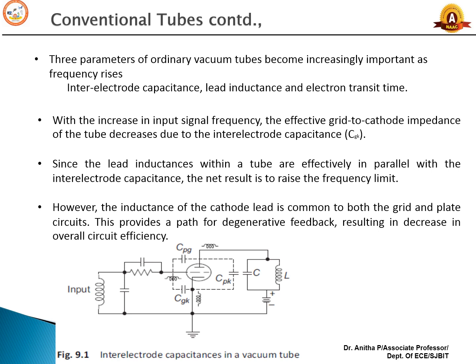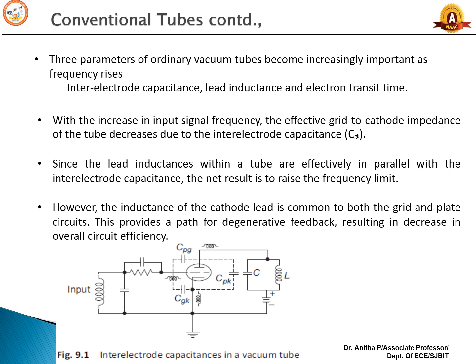In the same manner, you can observe the same interelectrode capacitance between all three electrodes: anode to cathode, cathode to grid and grid to anode. CPK, CGK and CPG you can observe with the dotted line and the capacitor. This represents the interelectrode capacitance. Similarly, the lead inductance. Suppose the signal is given through that wire which will enter into your vacuum tube.